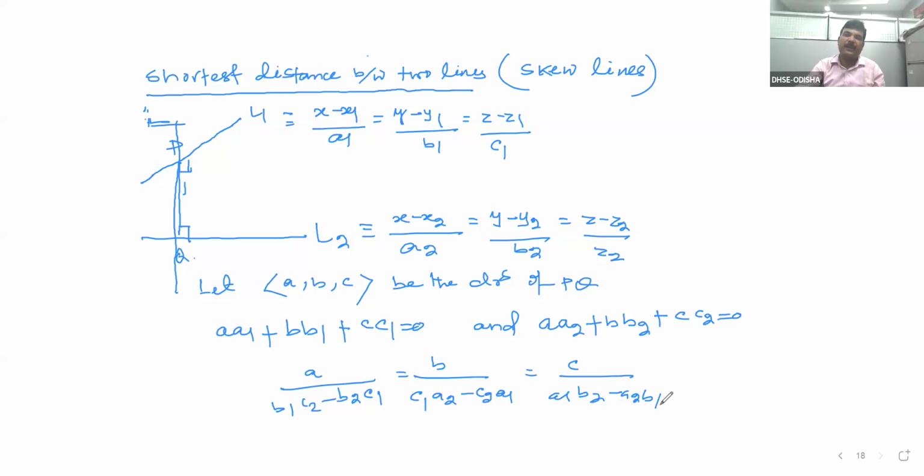So DRs of PQ are B1 C2 minus B2 C1, C1 A2 minus C2 A1, and A1 B2 minus A2 B1. Who will note it down?